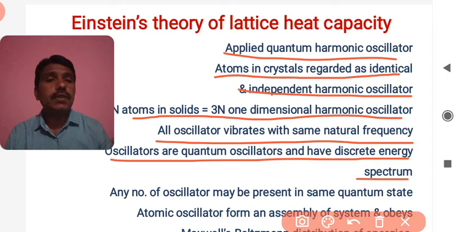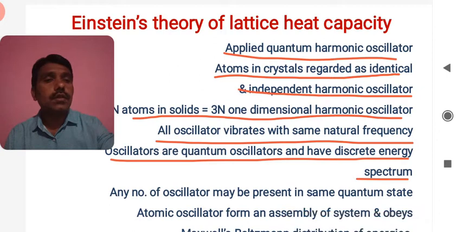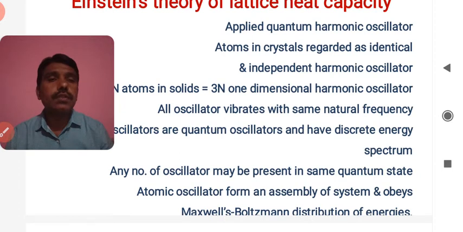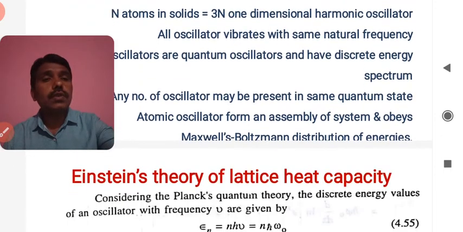Any number of oscillators may be present in the same quantum state. And the atomic oscillators form an assembly that obeys the Maxwell-Boltzmann distribution of energy, which is utilized for calculating the total energy in Einstein's theory. These are the considerations.